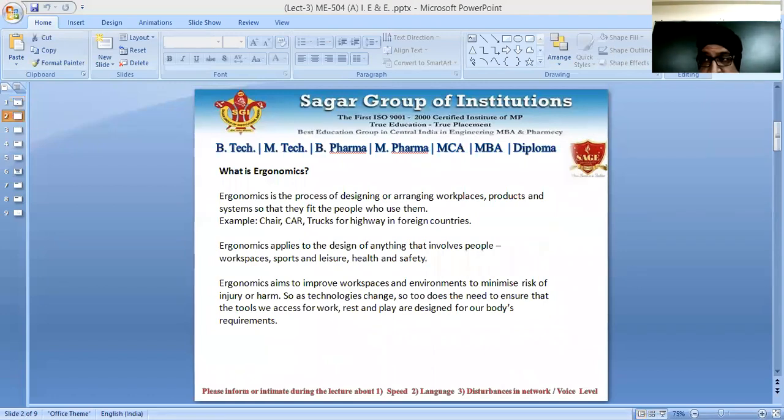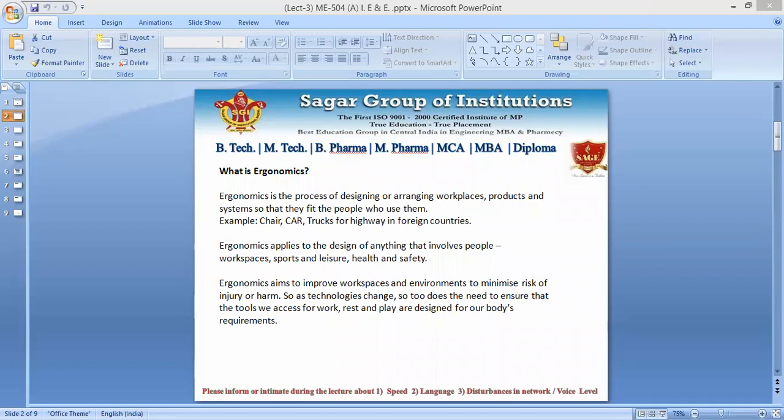So ergonomics can be defined as, it is a word, ergonomics. It came actually from Greek words ergon and nomos, which means the law. Ergon means work and nomos means laws. So it is laws of work.